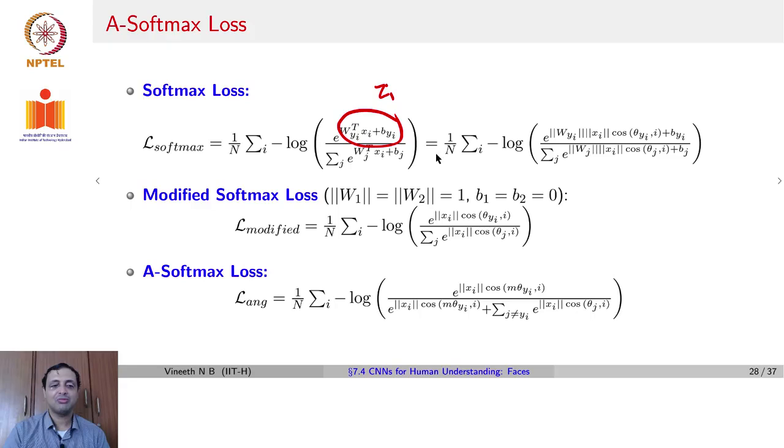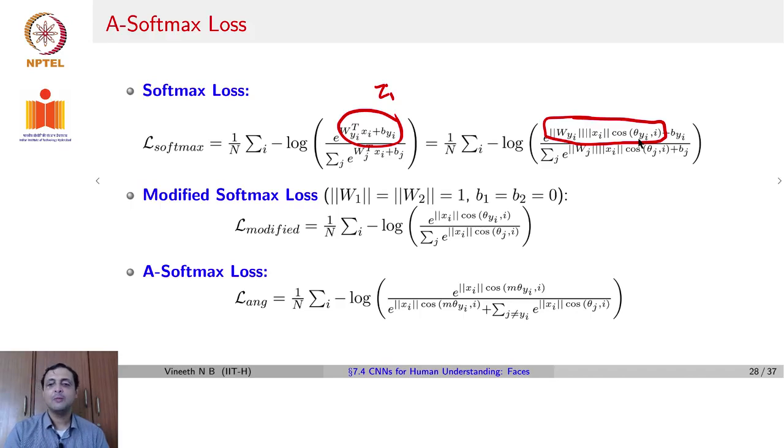So that's what you have as the definition of softmax. Now one could write out this dot product Wx that you have here as norm W into norm x into cos theta_yi, that's the definition of the dot product, plus the bias b_yi.